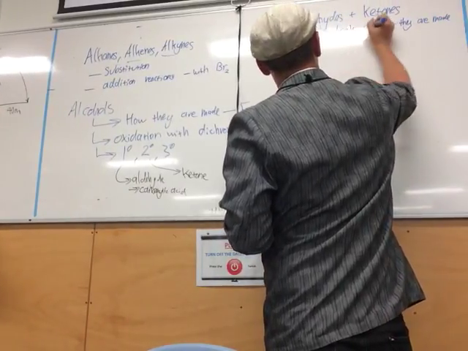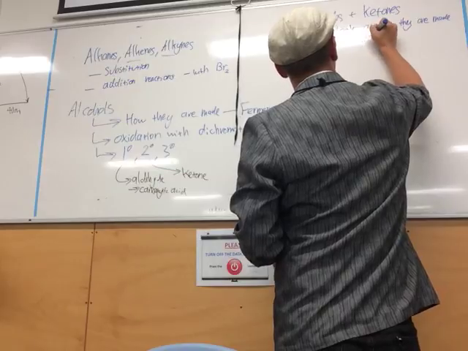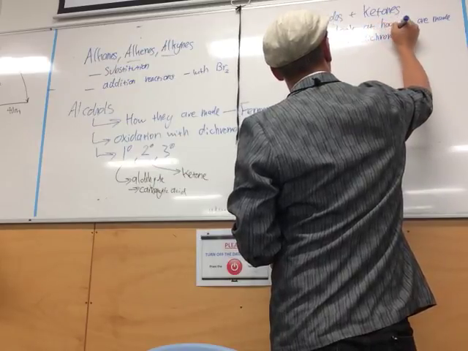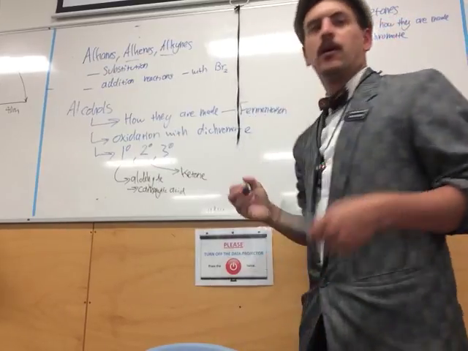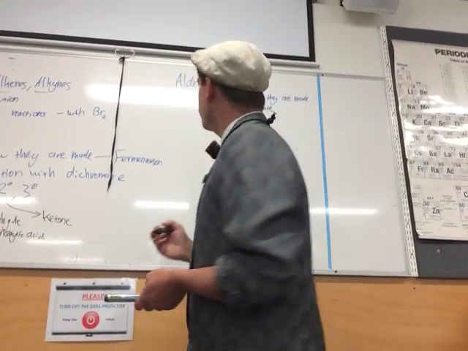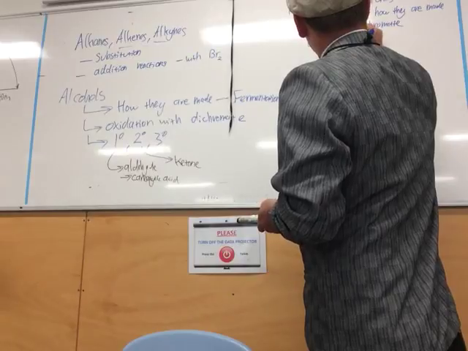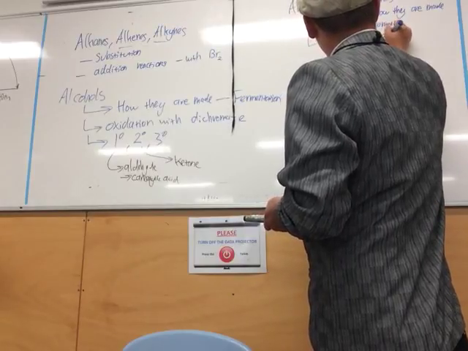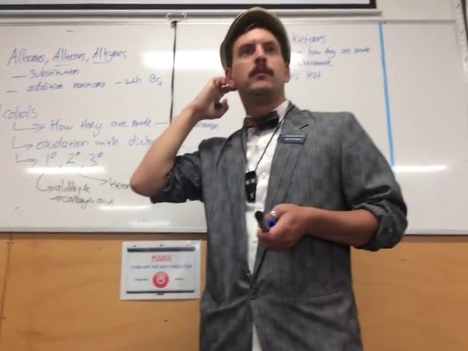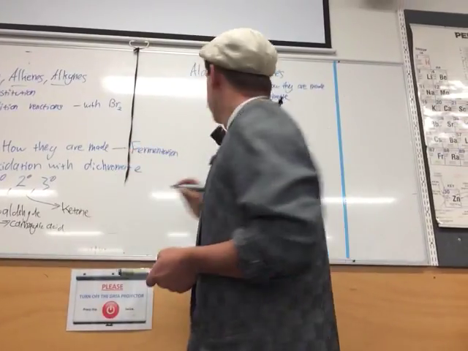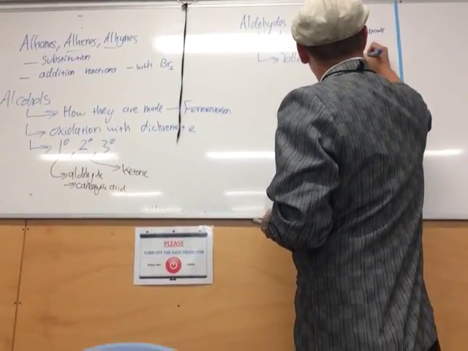With dichromate. It's the same equations down here. All right, so that equation will cover most of the topic. And Tollens test. Okay? Silver mirror, which we've done.